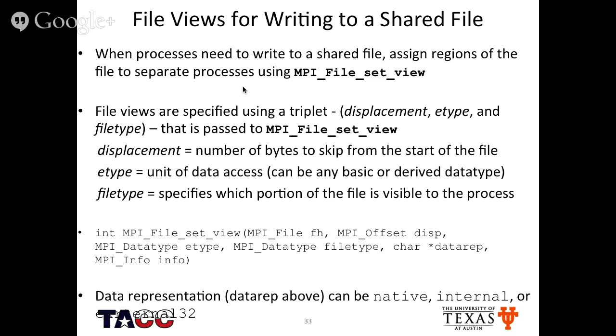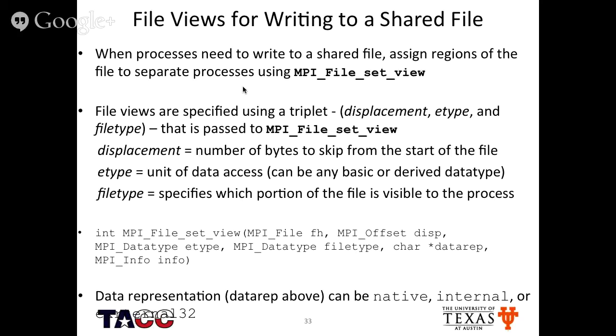Displacement is the number of bytes that you want to skip from the start of the file. This is just like fseek in C. I do not know the analogue of that in Fortran, but this displacement is similar to that.